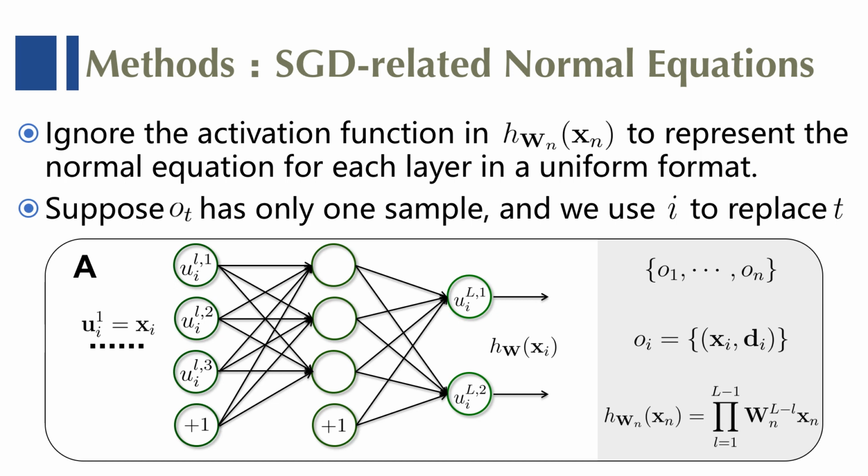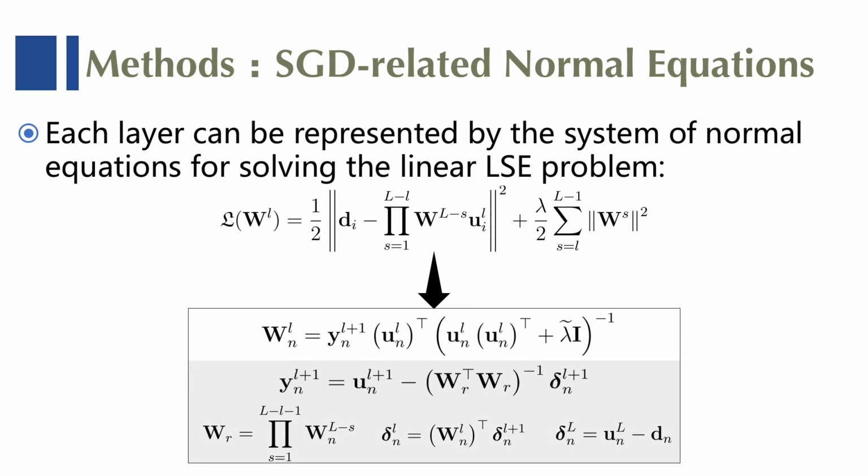To this end, we first elaborate on how the SGD optimization is related to normal equations in least squares estimation, and by doing some simplifications, we can represent each layer by the system normal equations in a uniform format based on some derivations.